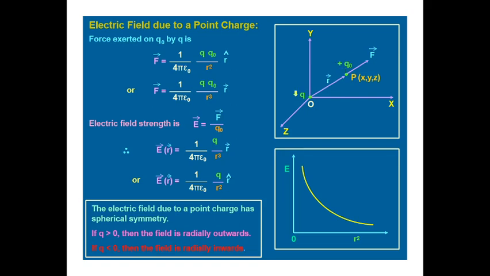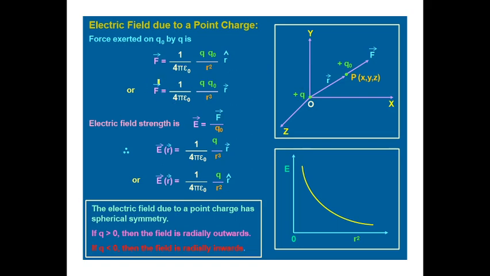The test charge is positive and this is a positive charge, means the test charge Q naught experiences the force of repulsion. So according to Coulomb's law, F is equal to 1 by 4 pi epsilon naught Q Q naught divided by R square into unit vector R cap. This is the force of repulsion between these two charges.